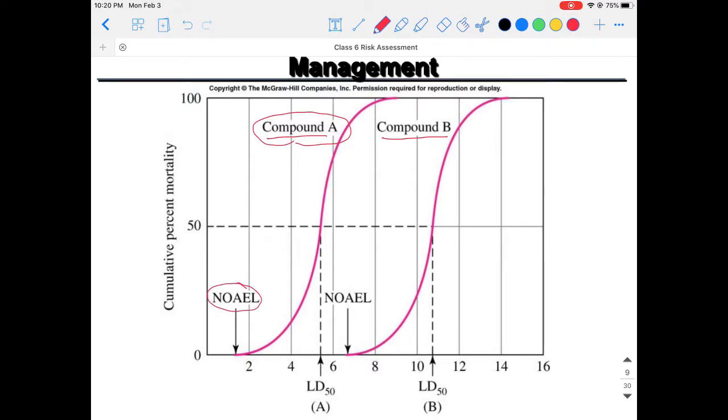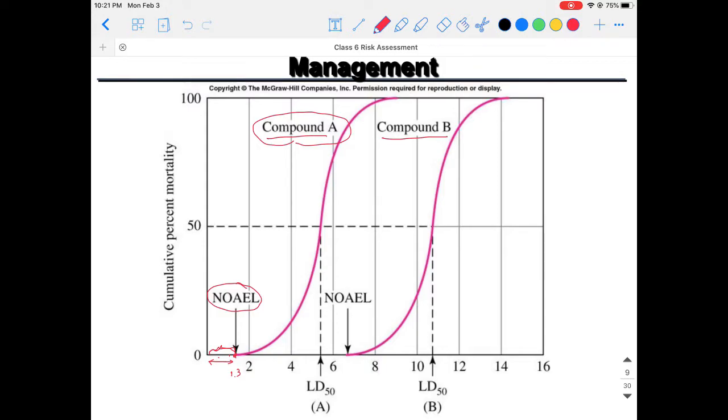You can also see this acronym here. This value represents the highest concentration of the contaminants that is not going to pose an influence on the test animals, right? For compound A, this value is around 1.3.